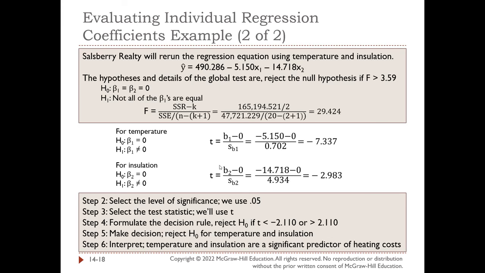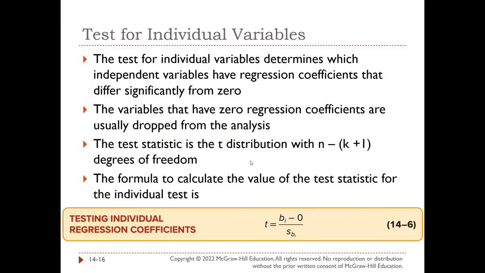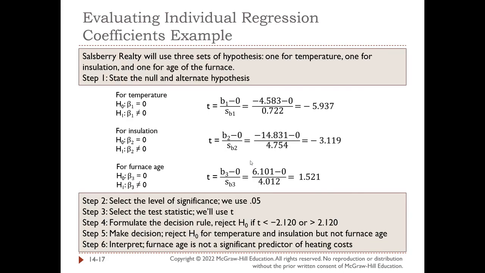Alright, so we run the formula of each one, and then we compare. So we're going to reject the null for temperature and insulation, but not furnace age. Notice that these two are less than negative 2.120.